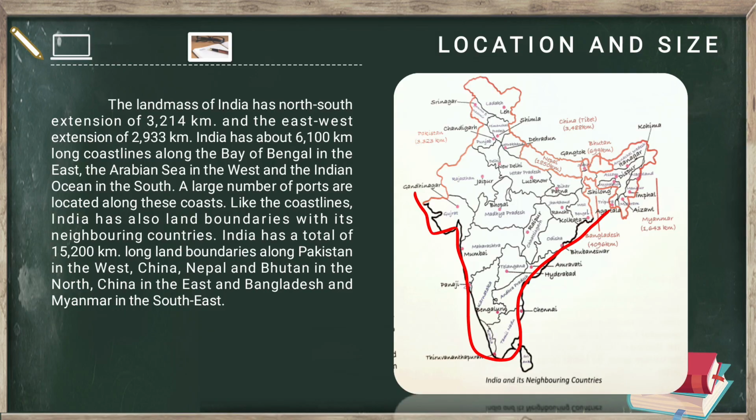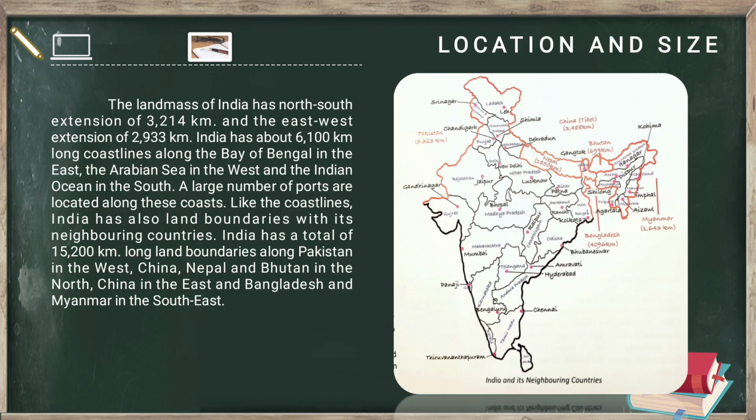So this coastline, the one which is in black color on the map, that is your coastlines, and it is how much long? 6,100. If you remember 61, just put 00. So this much of kilometer long, the coastlines.